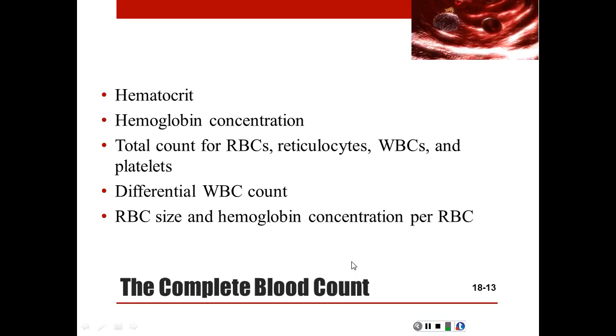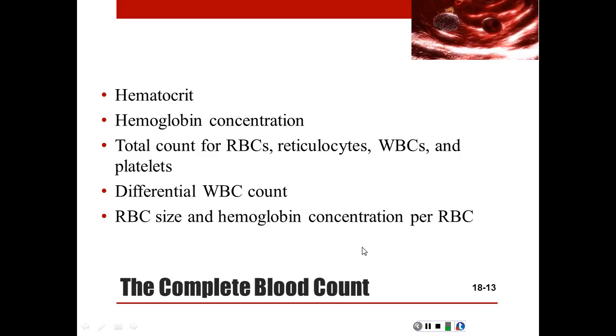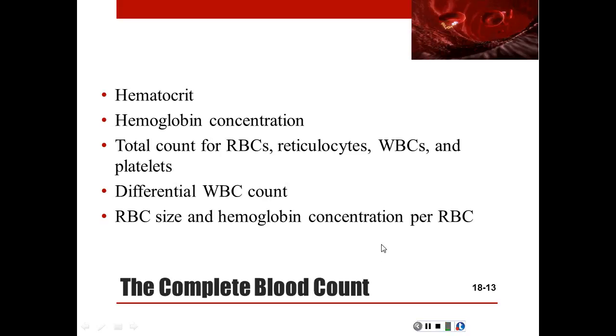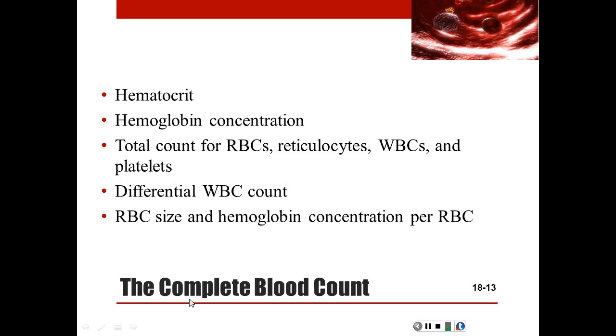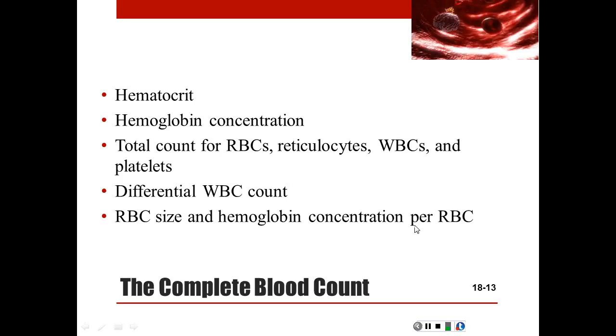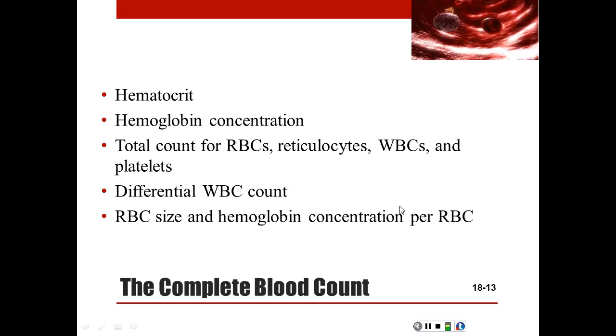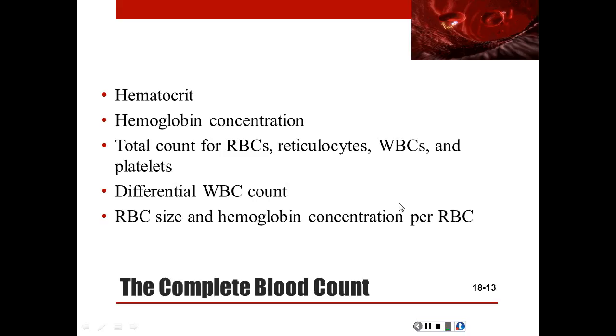When we look at the complete blood count, this is the most common clinical procedure used in both routine and physical examinations and the diagnosis of diseases. When they obtain a CBC, a complete blood count, they are able to determine the number of RBCs, WBCs, and platelets per microliter of blood, as well as the relative numbers of each white blood cell, which is considered the differential white blood count.